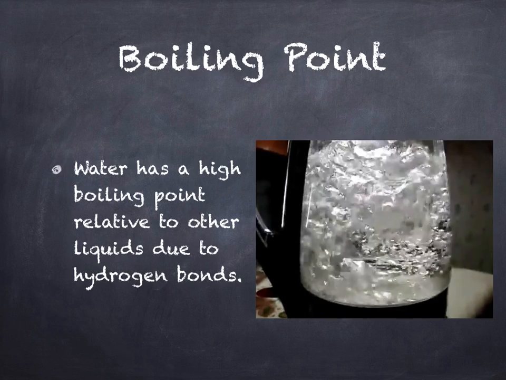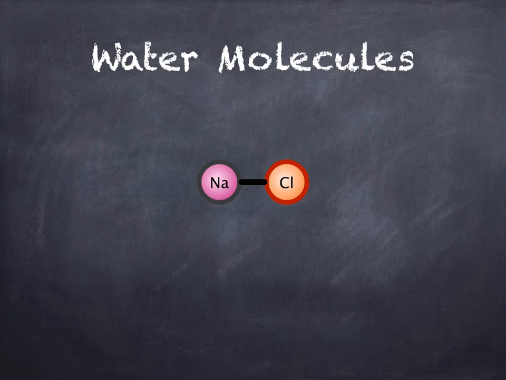One other fact about water: remember we've been talking about solutes and solvents. When you put something into water, we talked about something called dissociating. This is how something will dissociate in water. This is a sample of salt, NaCl, and you can see that the salt is bound together.